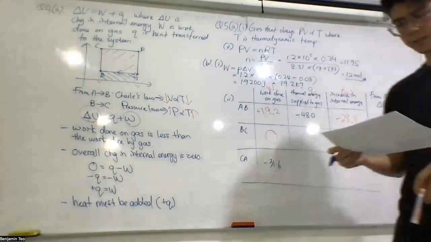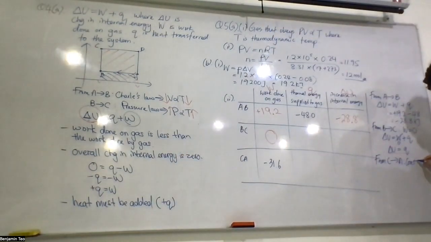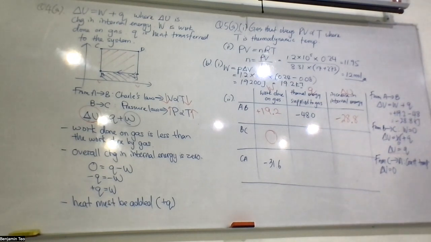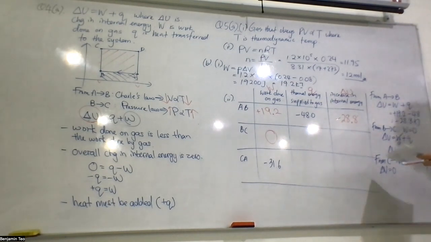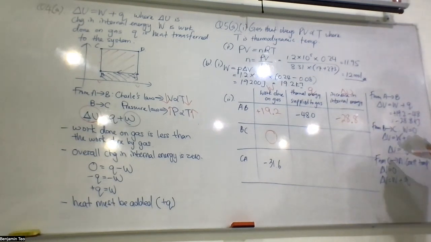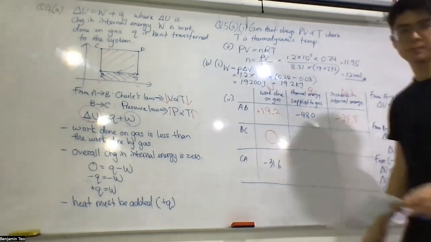That means the change in the internal energy is 0. W is minus 31.6 plus Q, so Q is 31.6.